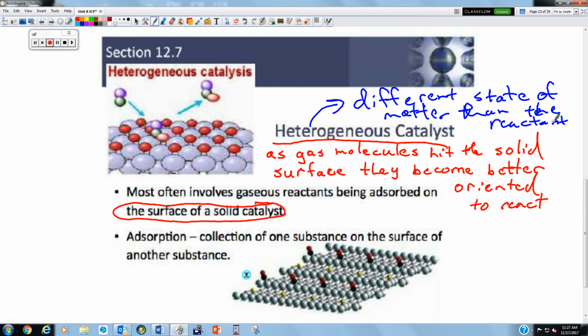So most of the time with a heterogeneous catalyst, you're going to have gaseous reactants being absorbed on the surface of a solid catalyst. What the catalyst really does is, as the molecule comes in, it hits the surface, and the catalyst causes the molecule to be in the right orientation.